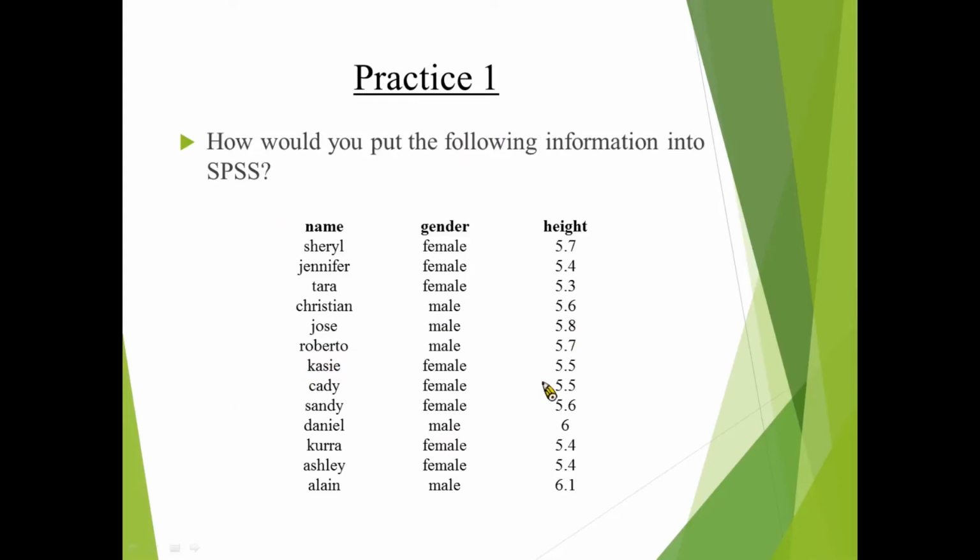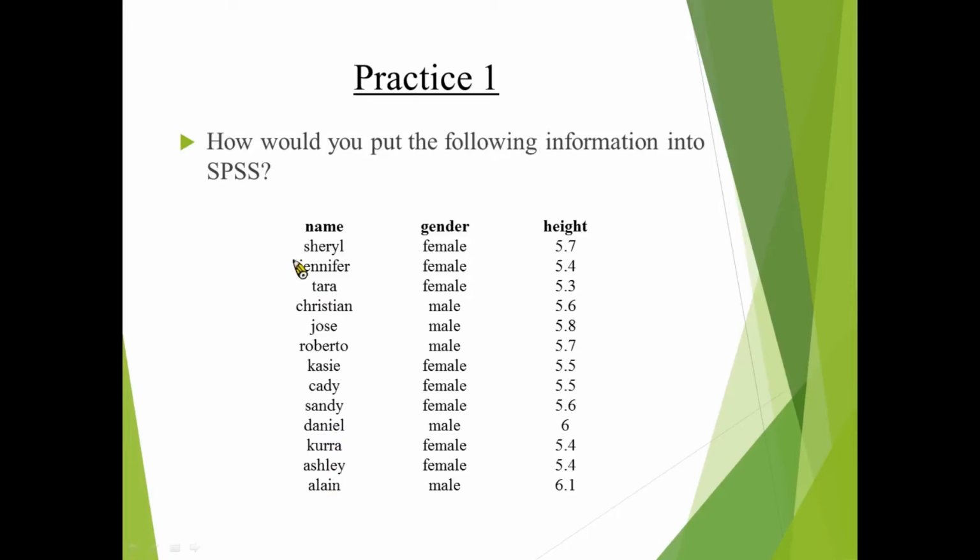And this is an example, so you can do the practice. In this example we have 3 variables: name, gender, height. And how many respondents are in this example? We can count 1, 2, 3, 4, 5, 6, 7, 8, 9, 10, 11, 12, 13.